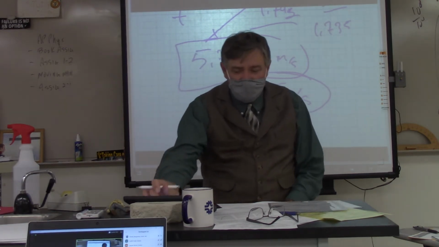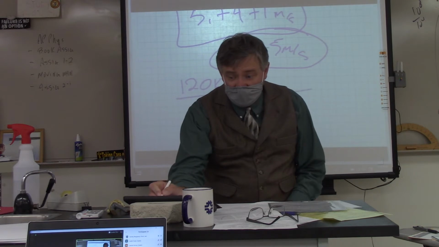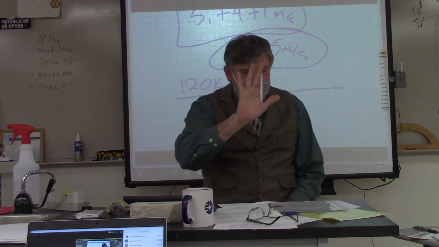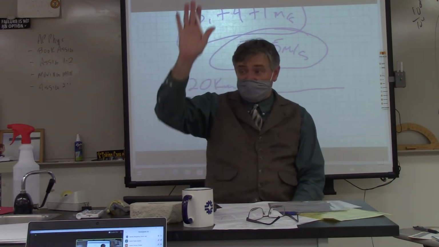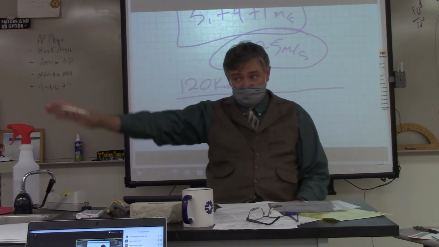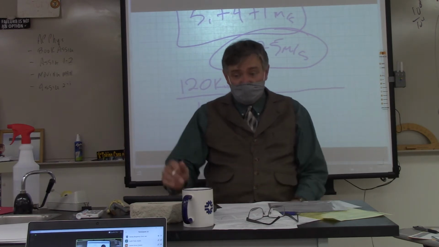Now, if you're going 120 kilometers per hour, and again, this is one of the conversions that you have to be able to do in your sleep. 120 kilometers per 1 hour, conversion from kilometers per hour to meters per second. You have to be able to do this without a second thought.